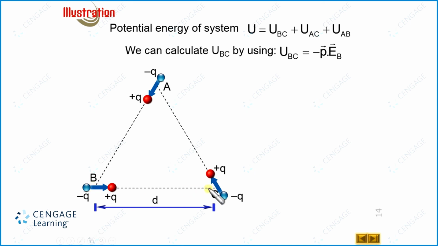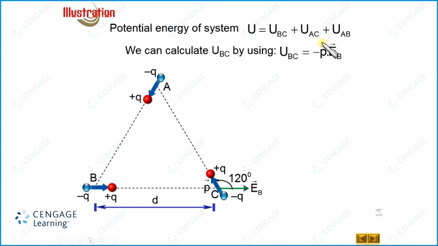You can observe the center of this dipole is at the axial position of the dipole placed at B, so the electric field will be parallel to the dipole moment like this. Let us write this electric field vector as EB. This is the EB vector, and we know the dipole moment vector is along this line. This is the P vector, and this angle is 120 degrees.